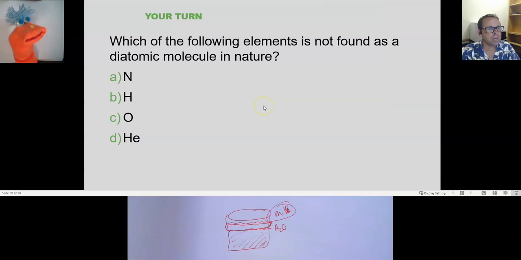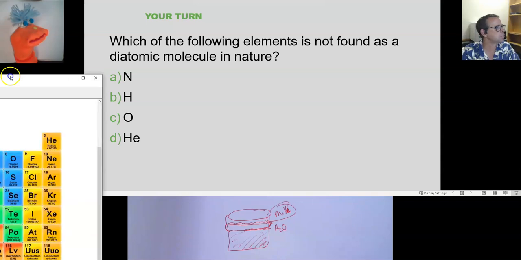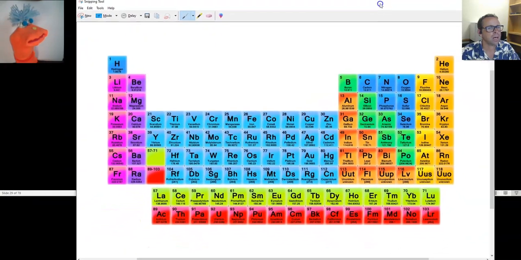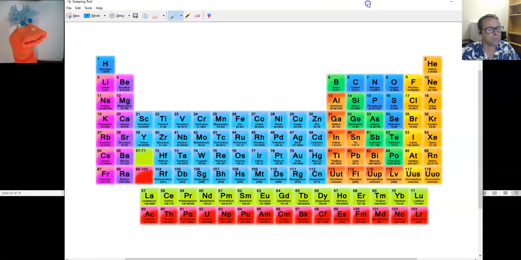Okay. Which of the following element is not found as a diatomic molecule in nature? I can't remember this one. All right. So let's bring in our periodic table here. Which ones are diatomic in nature? It's hydrogen, right?